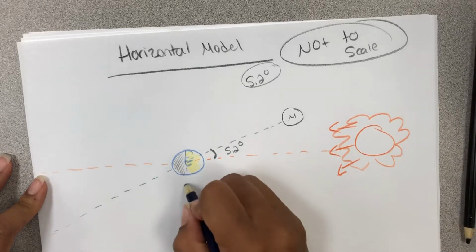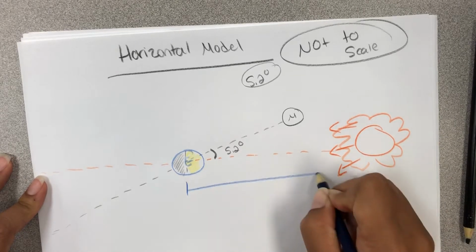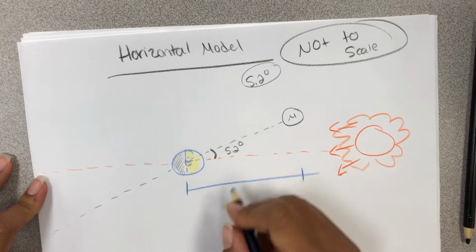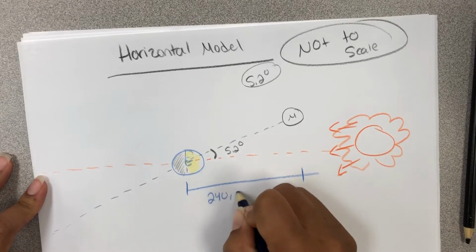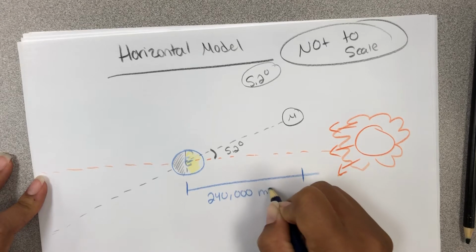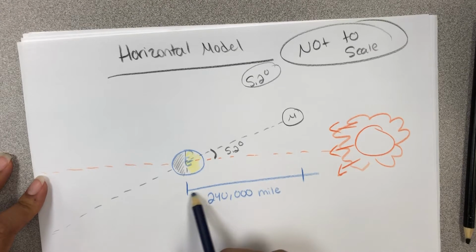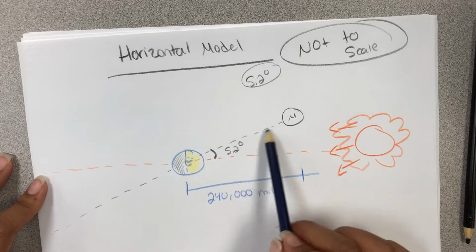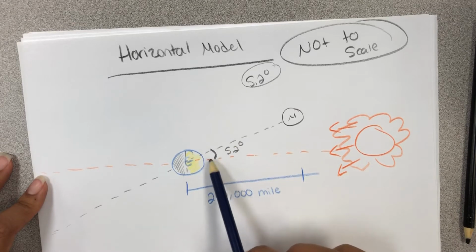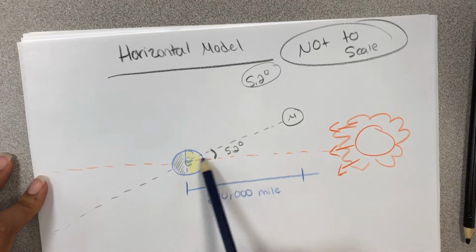And with that said, from here to our moon is a 240,000 mile difference. So the moon is so far away from Earth that this angle is only 5.2 degrees, so it's extremely small.